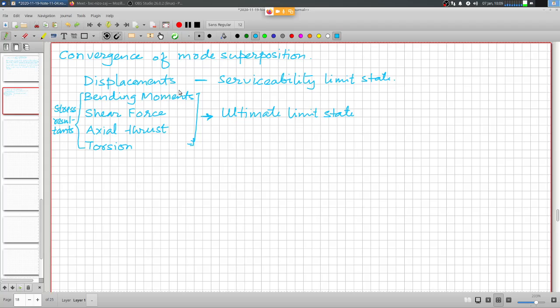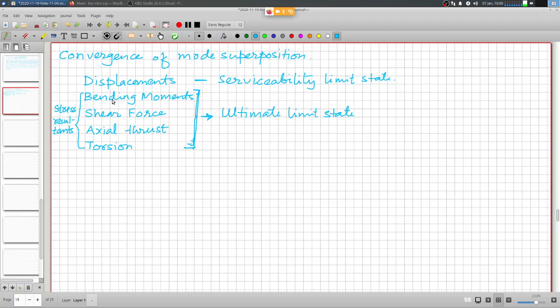So these are the forces we normally design for: we estimate these capacities and demands, and then provide adequate capacities in the section so that we have sufficient margin of safety against these ultimate limit states, and then we check whether the displacements are adequately constrained so that serviceability is not hampered.